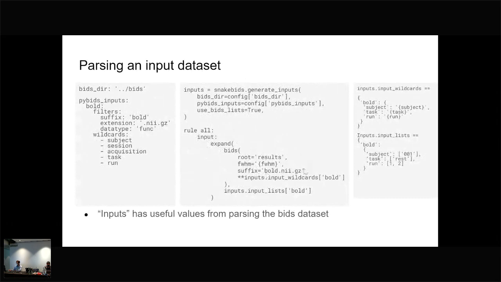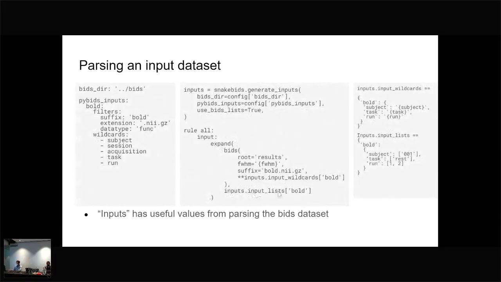So our inputs.input wildcards under bold, which corresponds directly to this, works out to a Python dictionary from subject to the appropriate snakemake wildcard. So that is a nice quality of life and shortens our workflow and removes boilerplate that will most often be exactly the same. And then the real important part of this to me is the input list.